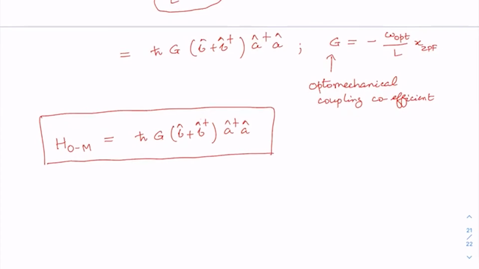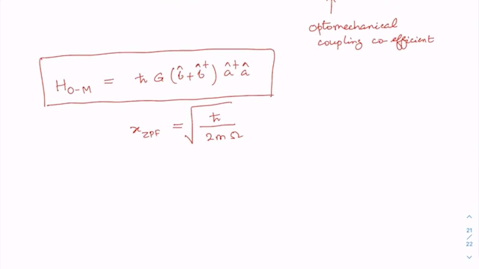And just recall that this x zero point fluctuation is the square root of h cross divided by twice m omega. Okay, m is the mass of the mechanical oscillator, and this is typically around, say, femtometer, 10 to the power minus 15 meter. And there are other terms in the total Hamiltonian. For example, this one, the component due to the mechanical oscillator, and the mechanical oscillator is also a harmonic oscillator.